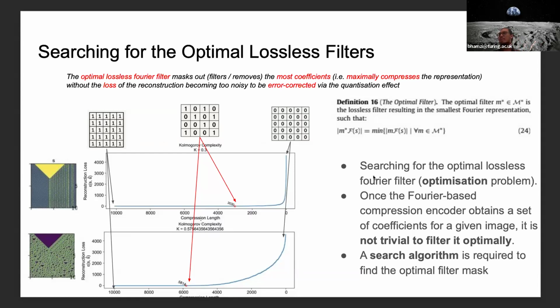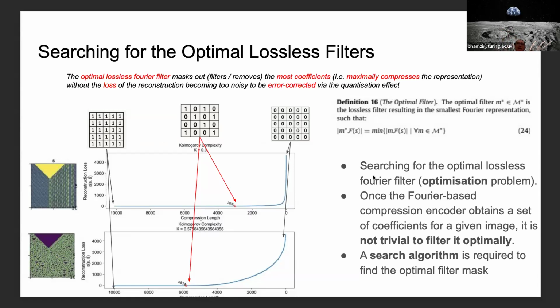It's not trivial, but you can just use, for example, a greedy search algorithm. You can use a slightly better version, and this will be the bottleneck for this approach: how good your search is for this filter. I'll just describe the greedy algorithm very basically. You start with all 1s, and this is your size, and then you decrease it. You go through all the masks with just a single coefficient masked out with 0, and you do all the variations there, and you ensure that all of them are still lossless in the end.